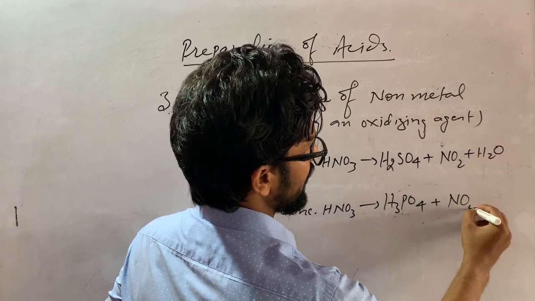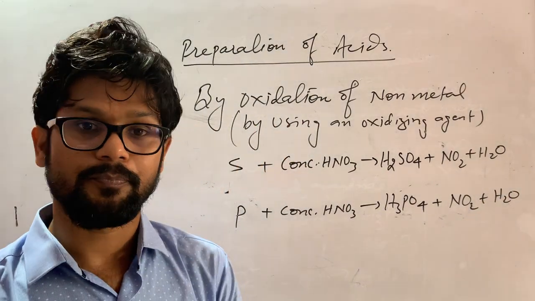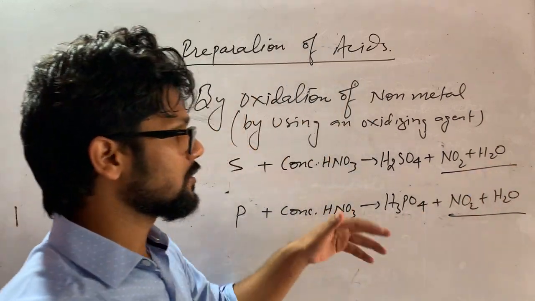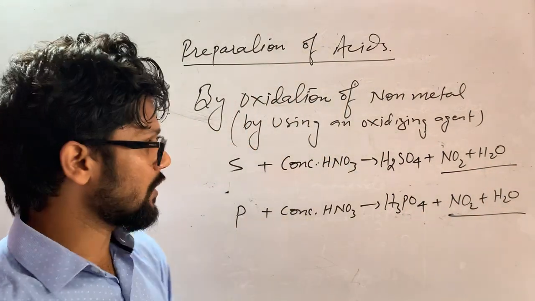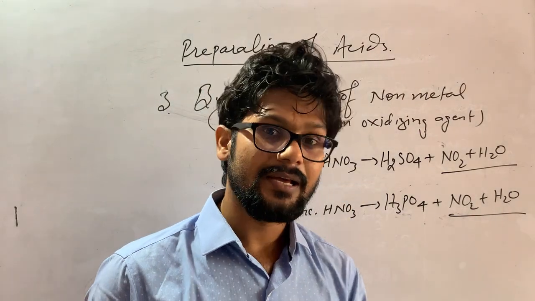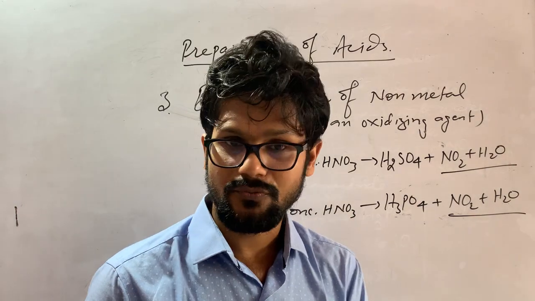Here also NO2 and H2O. So you can easily remember, because these two products are common for both reactions. The only difference is when sulfur oxidizes, it gives sulfuric acid, and when phosphorus oxidizes, it gives phosphoric acid.